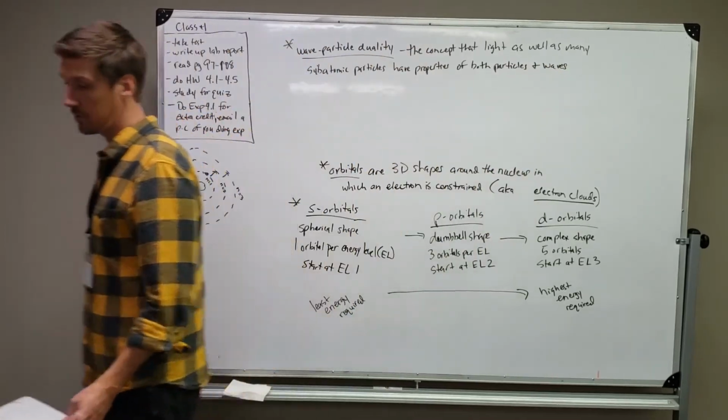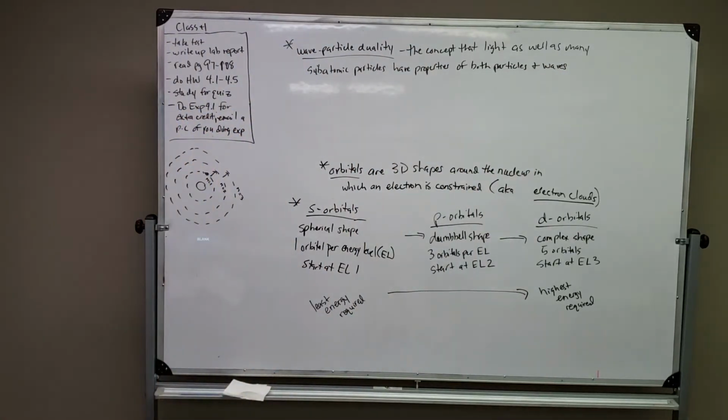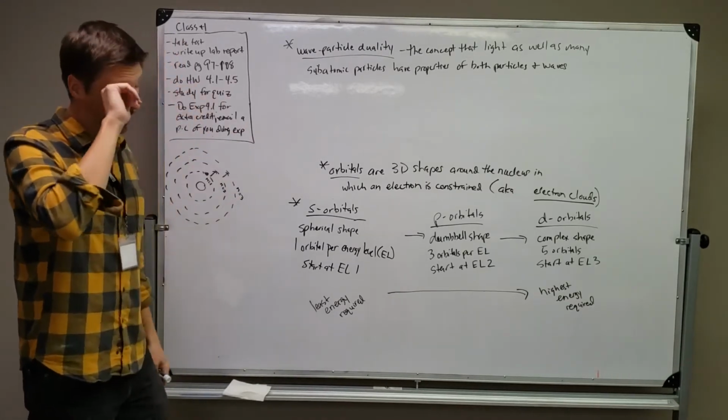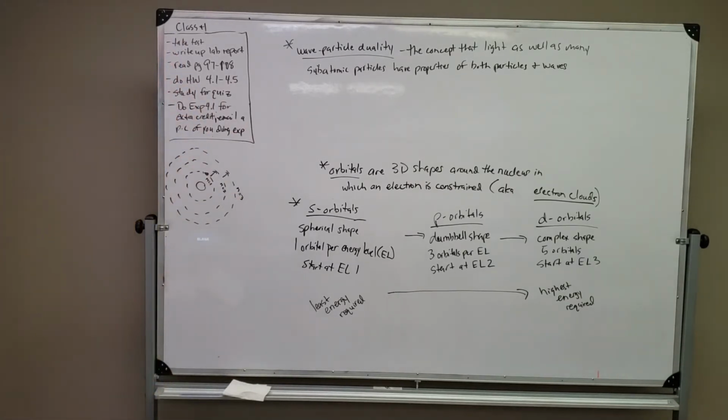In some experiments, it behaves like a wave, like the experiments we've done with light and with electrons, where you see those bands, and other times it behaves like a particle. So we call that the wave-particle duality.